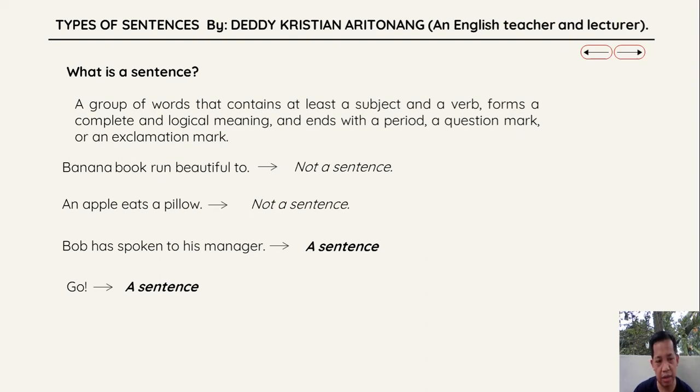This is an imperative sentence, so this is a sentence. And when I say go, that means you go, which is a hidden subject. All right, and you go, it is a group of words. You is the subject, go is the verb, and it forms a logical meaning. So that is why, as I stated earlier, it's called a sentence too.